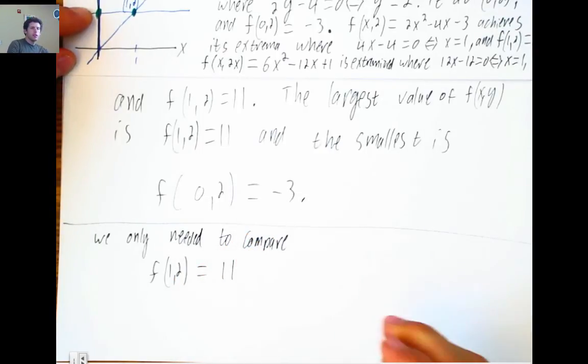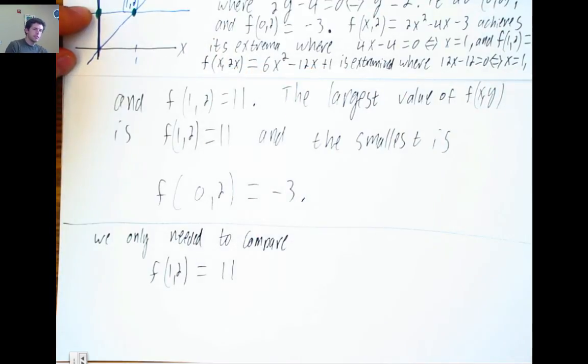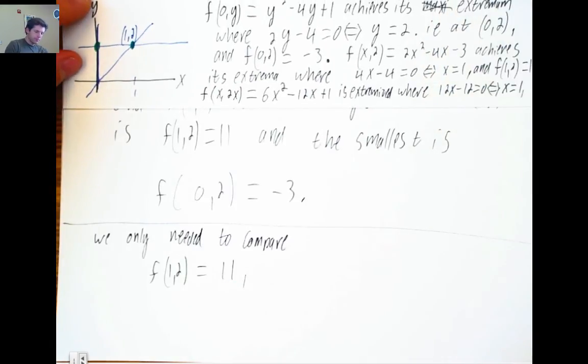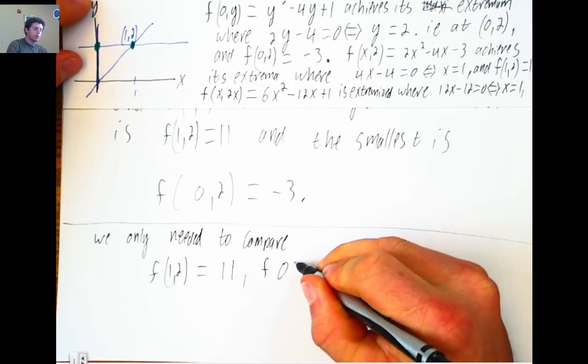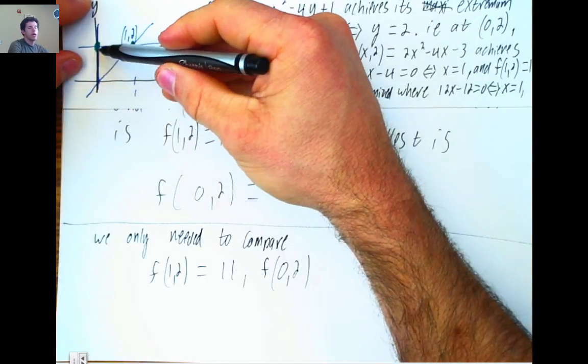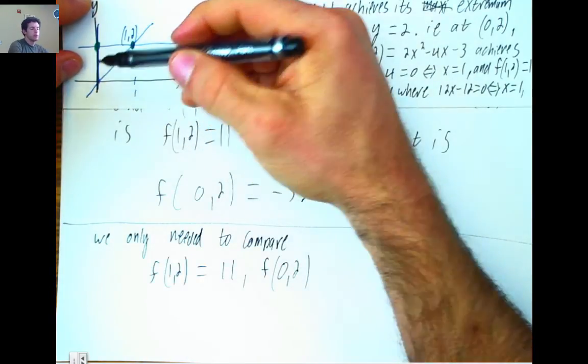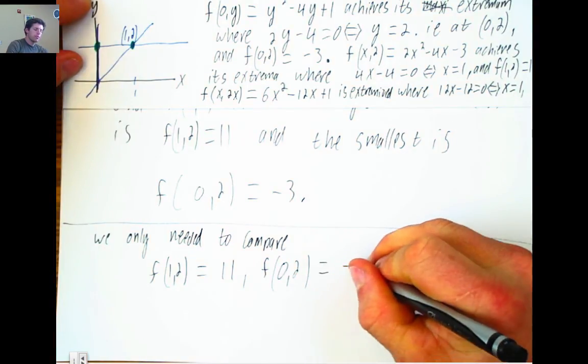And we also found that it was a place along a line where the function was extremized. And then we also needed to look at f of 0, 2, because we found that that was along a line a place where the function was extremized, and f of 0, 2 is negative 3.